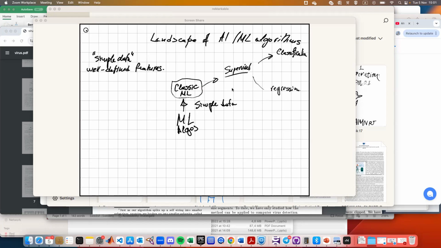Can you name some classical machine learning methods suitable for solving classification tasks? SVM, yes, absolutely. More? KNN, great. KNN, yes, absolutely. That's the best one, the easiest one.